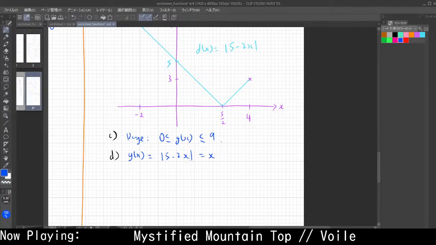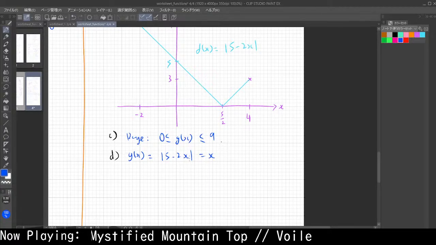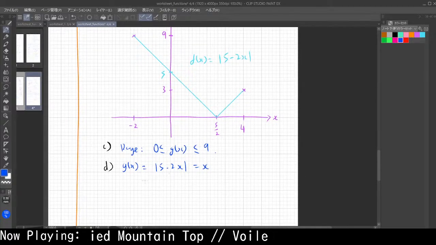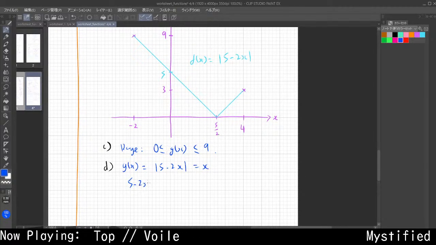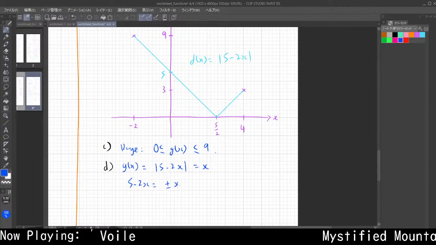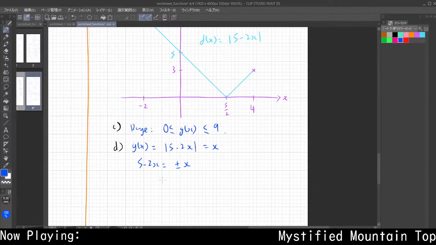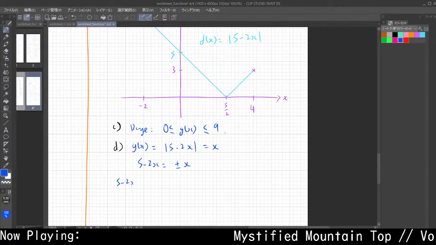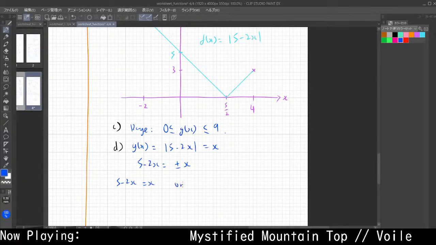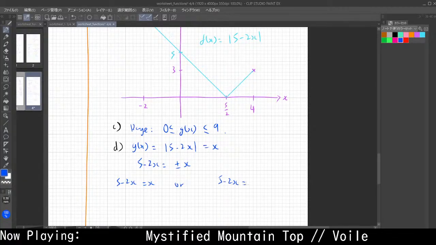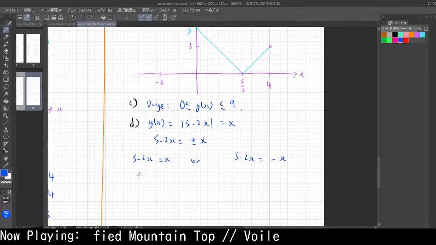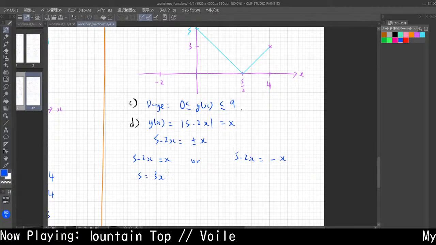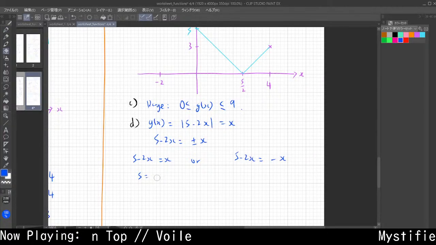Okay. Anyway, so this one, removing the absolute value will introduce a plus minus on the other side. So you have 5 minus 2x equals to x, or 5 minus 2x equals to negative x. First case, 5 equals to 3x, move over, negative becomes plus.